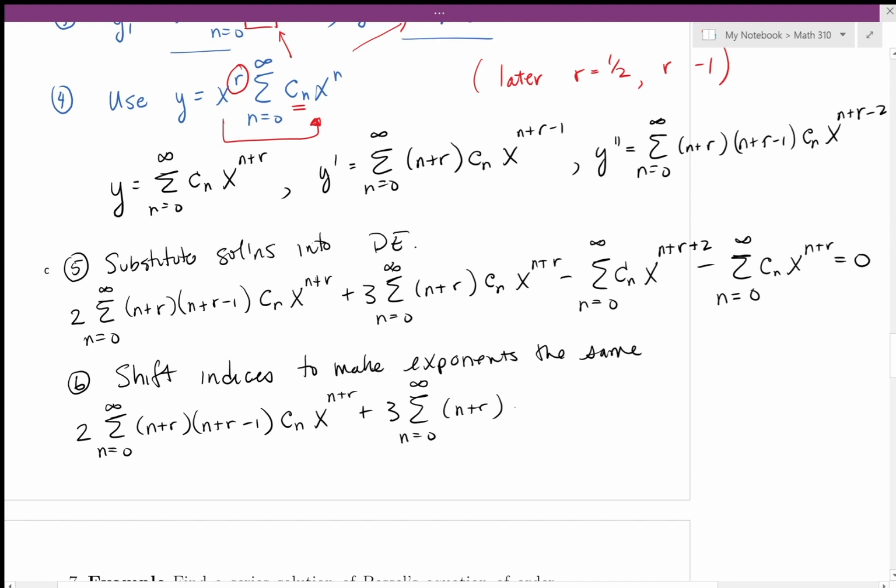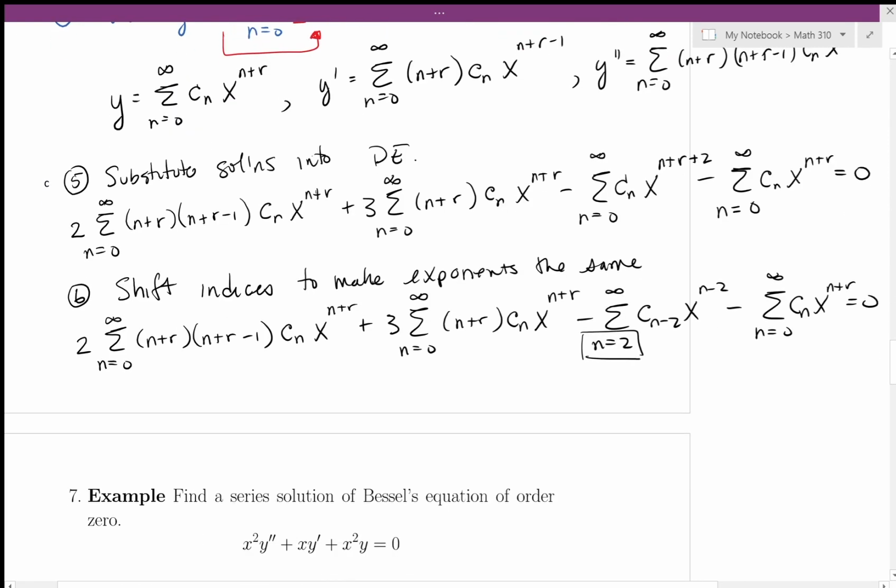This can be quite time consuming, as you can see. Okay, because of this n equals 2 here, I'm going to treat the, this shouldn't be n minus 2 here, this should be n plus r. They all have to be the same. So I shifted the indices to make the exponents the same.